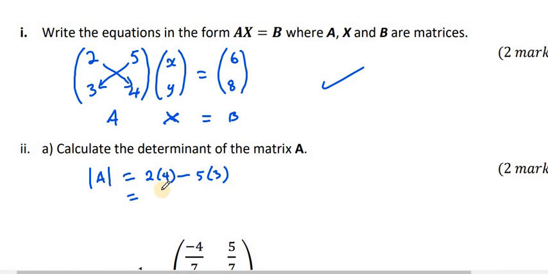And this is going to be what? 8 minus 15, and that's going to be equal to negative 7. So we have the determinant of A being equal to negative 7.